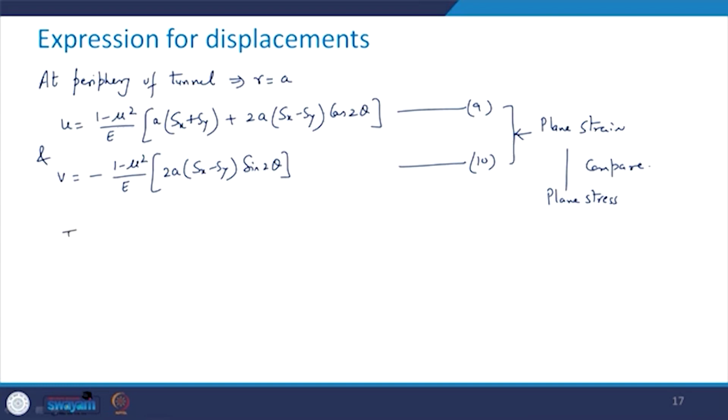And if I just substitute mu equal to 0.25, then we will see that u and v for the plane strain situation, they are approximately equal to 0.94 times the u and v for the plane stress case.